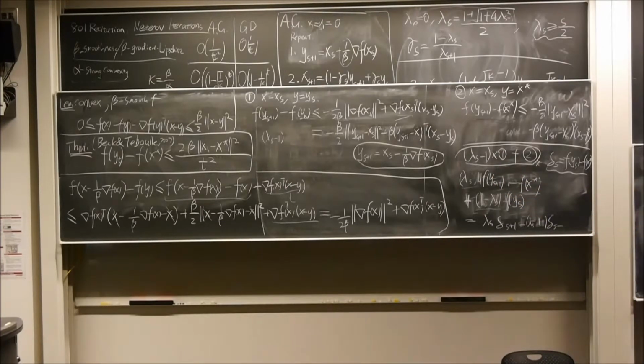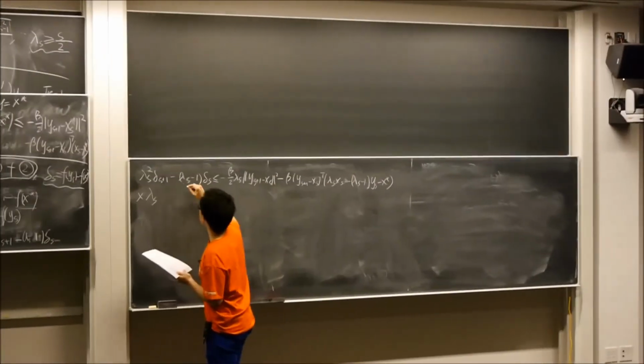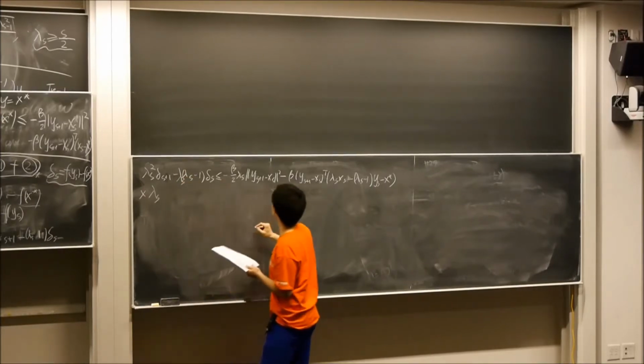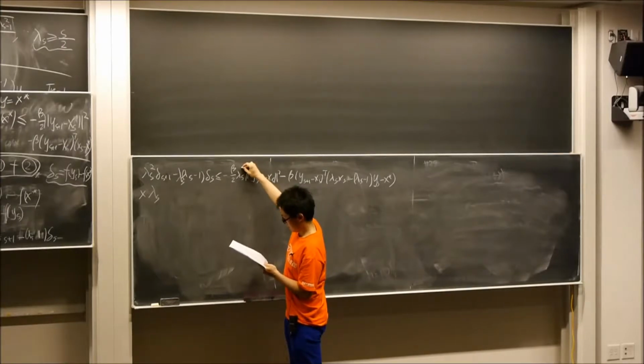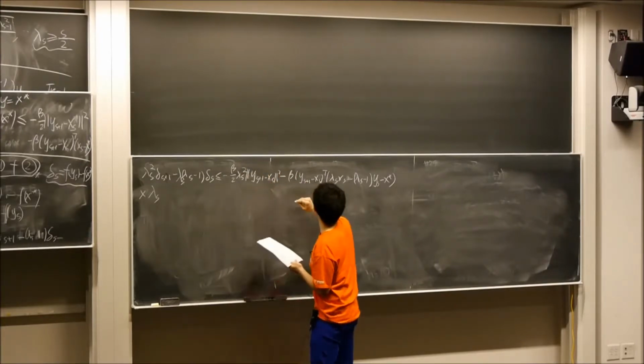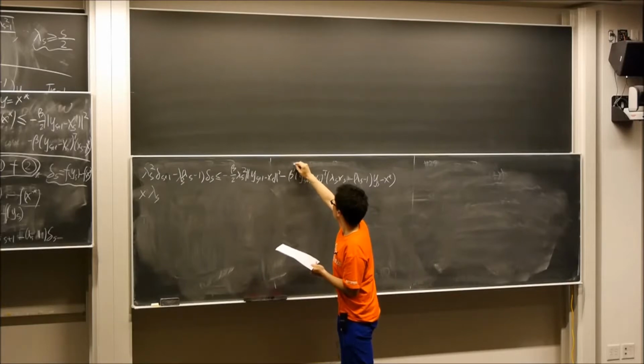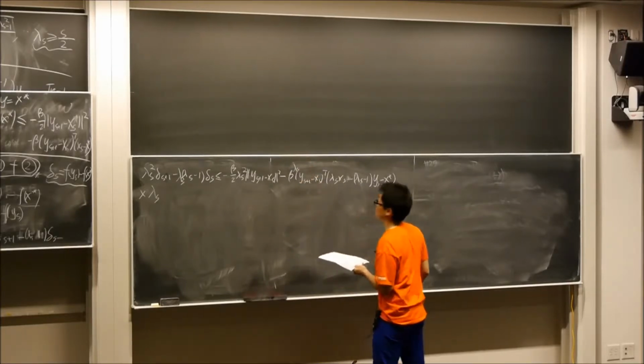And just trust me that this is correct. The next step is to multiply both sides by, again by lambda s. We will have a square here, lambda s here, and square here and lambda s here.